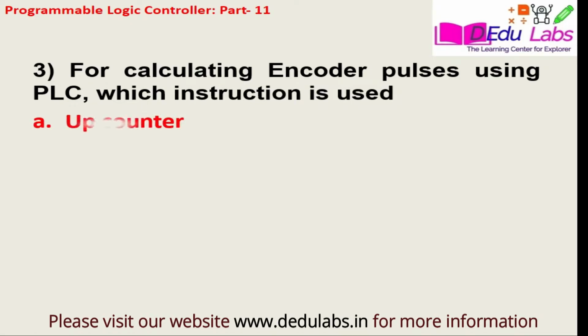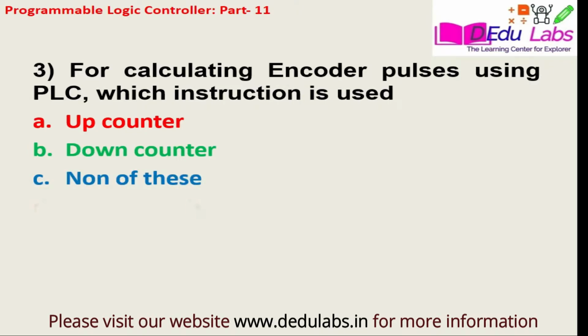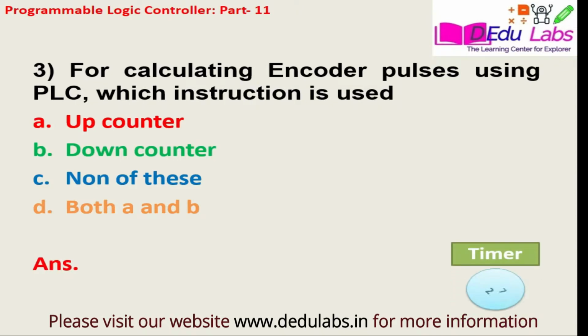Option A up counter, option B down counter, option C none of these, option D both A and B. The answer is option number D, that is up counter as well as down counter.